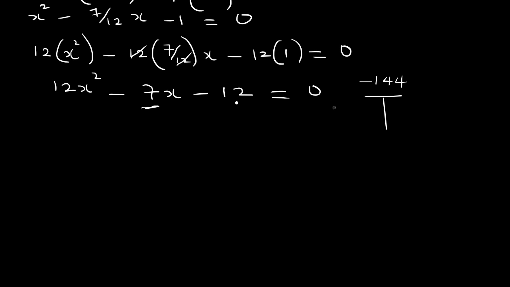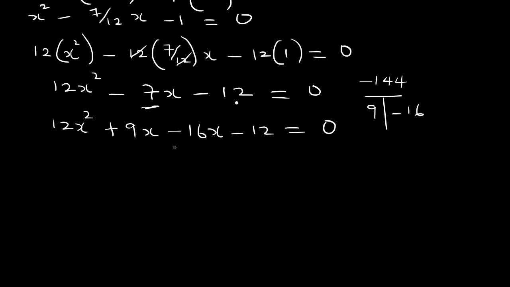Without wasting time, the numbers are 9 and minus 16. So we'll have 12x squared plus 9x minus 16x minus 12 is equal to 0. So we are using 9x and 16x to replace minus 7x.